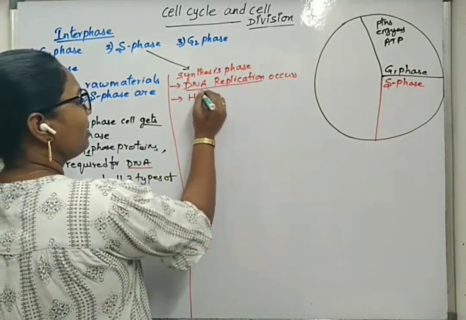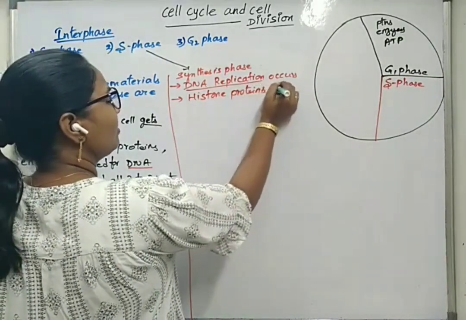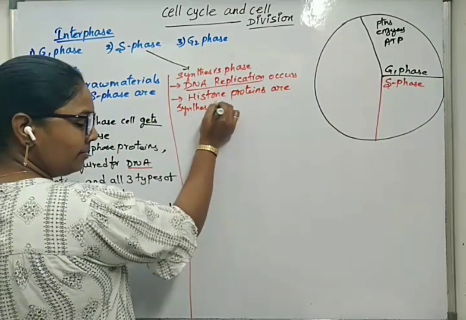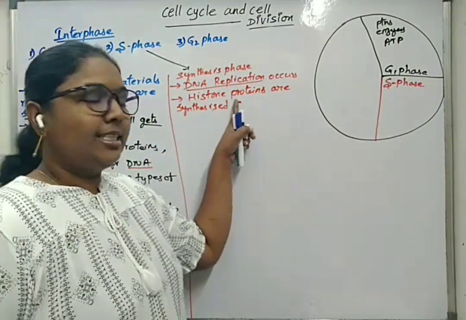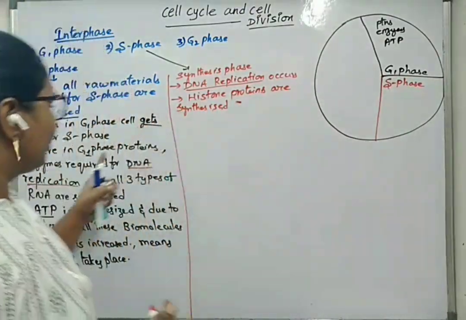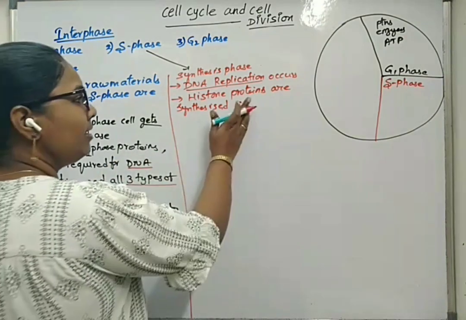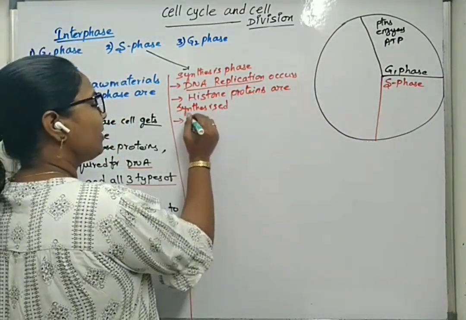So histone proteins are synthesized. For protein synthesis, three types of RNA are required, so those are synthesized here. Later, by the process of translation, proteins are synthesized here in S phase.